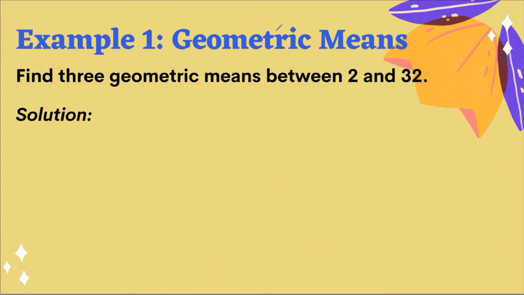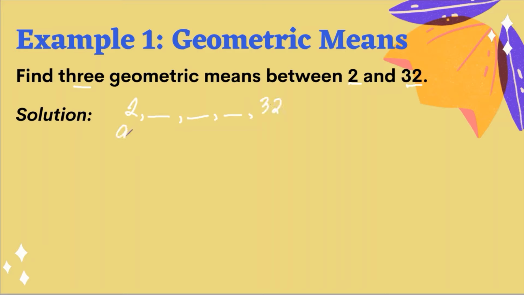Example 1 for geometric means: find 3 geometric means between 2 and 32. Here, let us list the terms for the sequence. We have 2, and then we need 3 geometric means, 1, 2, 3, and then 32.